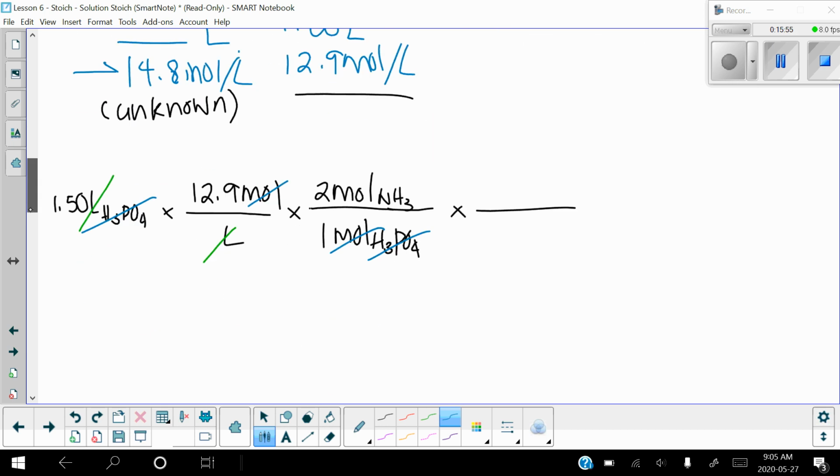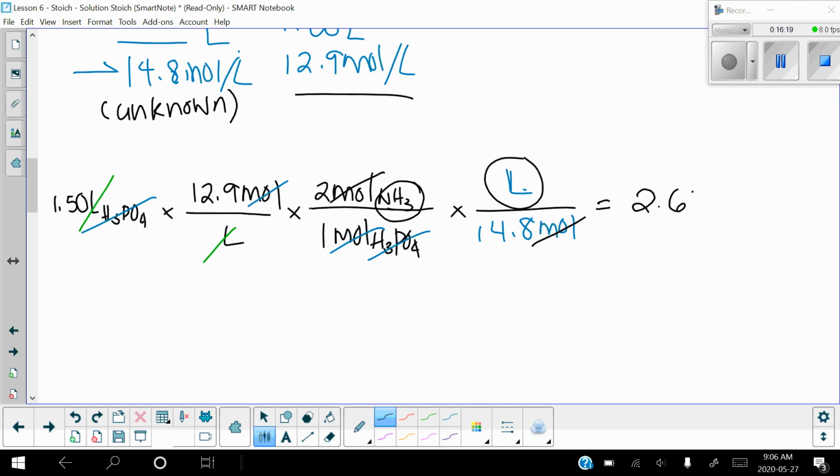I just wrote that incorrectly. You are going to divide by 14.8 moles, and liters goes on top. Mole and mole cancel, and you are left with liters of ammonia. Once you plug this all in, you get an answer of 2.61 liters of ammonium.